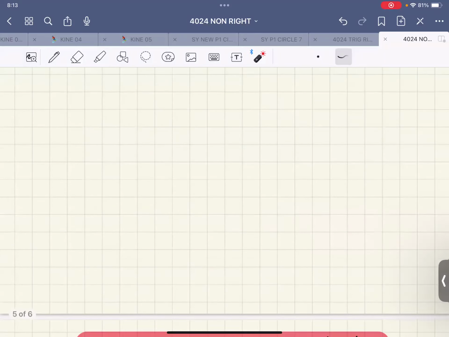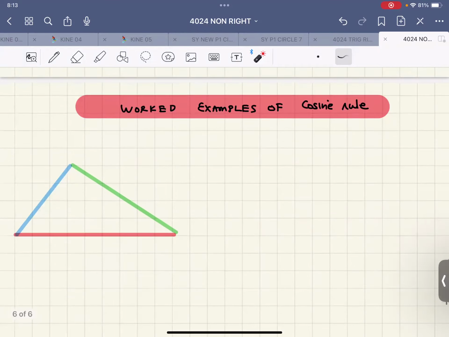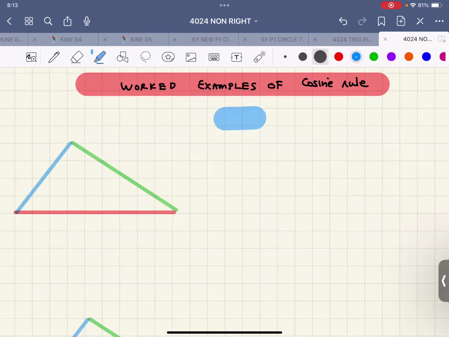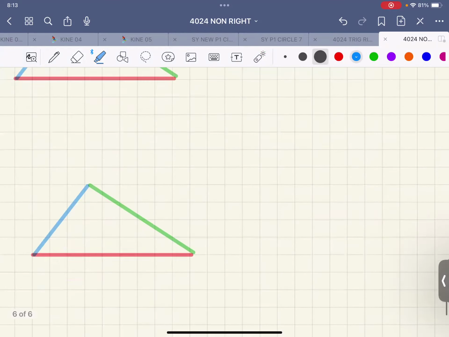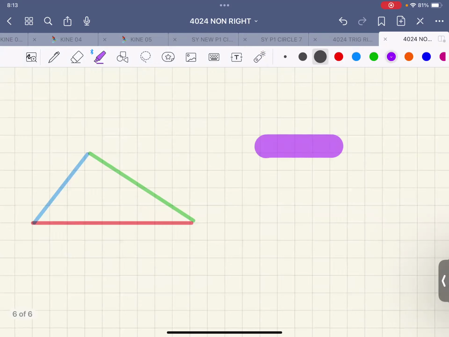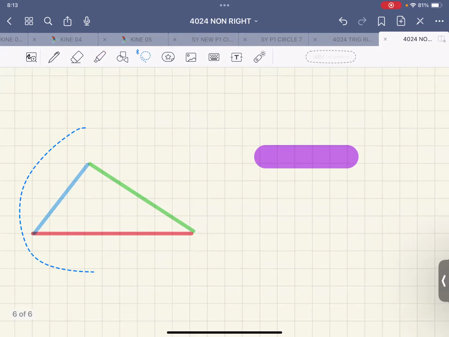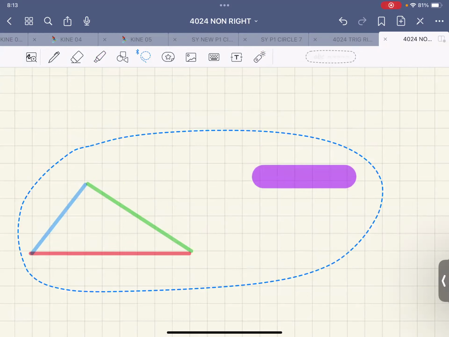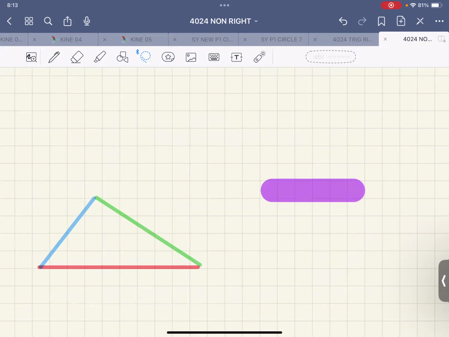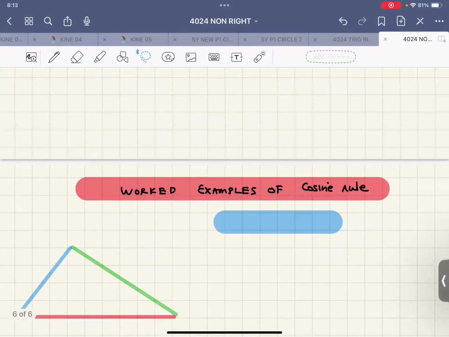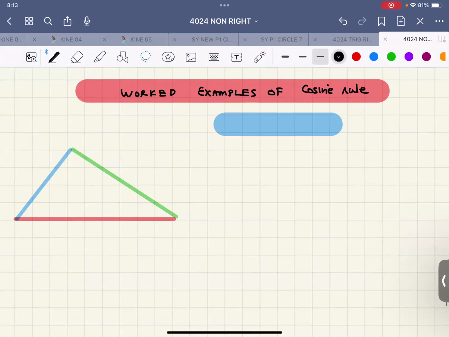Now let's solve this. Let me use blue color first. And then over here, I'll be using the purple color. And for a second, let me just pull this down. Okay, now first of all, this is, let's say, 6 centimeter. This is 8 centimeter.